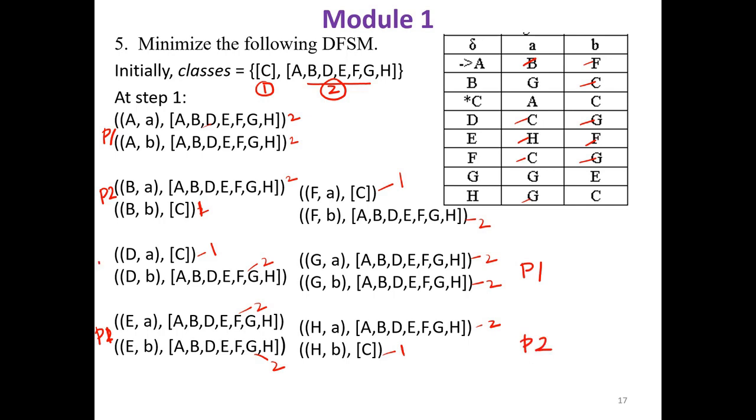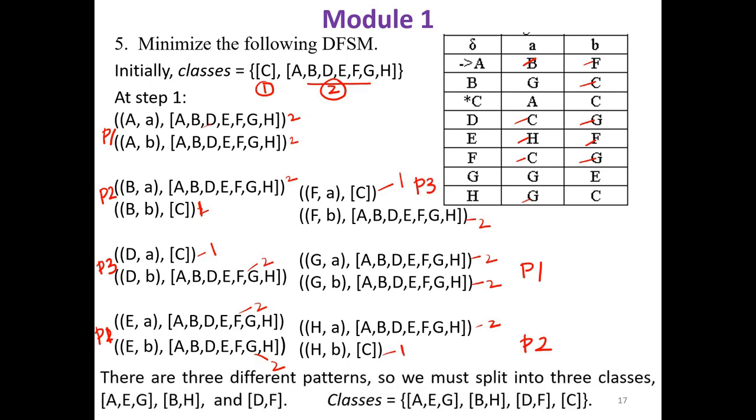Next, we have obtained one more pattern, P3, where A goes to 1 and B goes to 2. And this pattern of D is similar to the pattern of F. So here we have seen three different patterns: one with A, E, G in one class, B and H in another class, and last D and F in the third class.